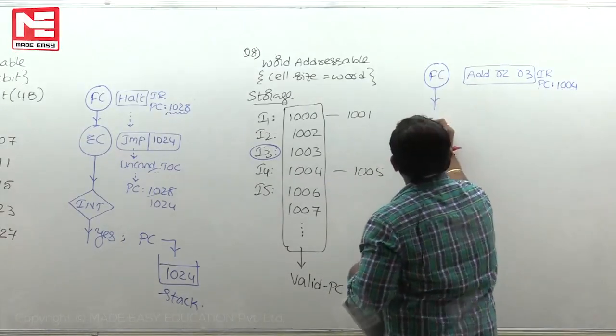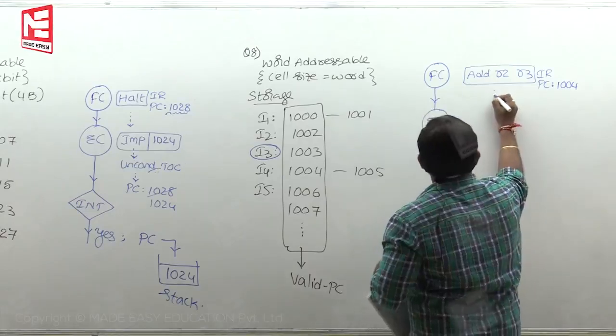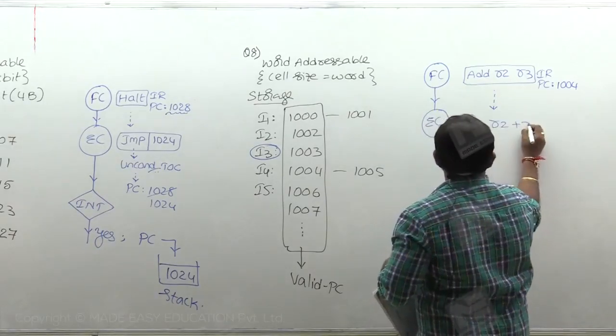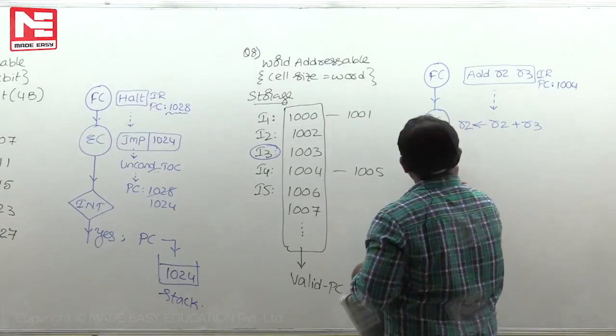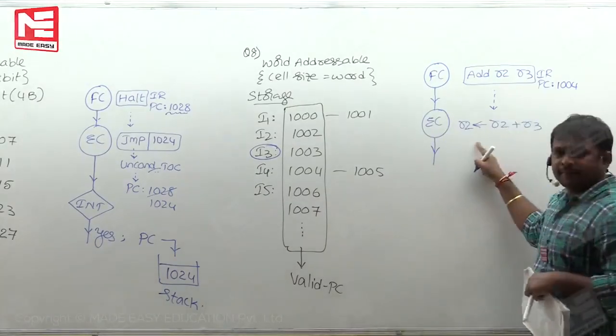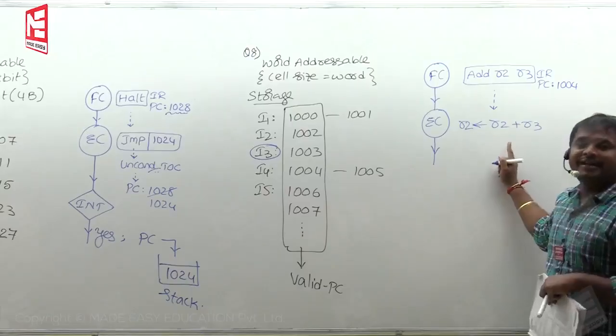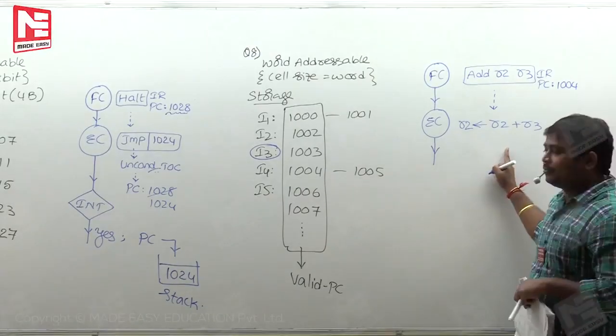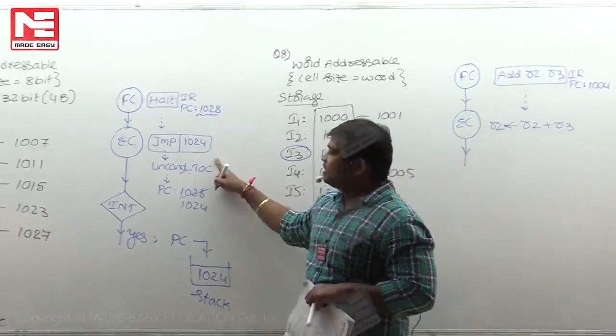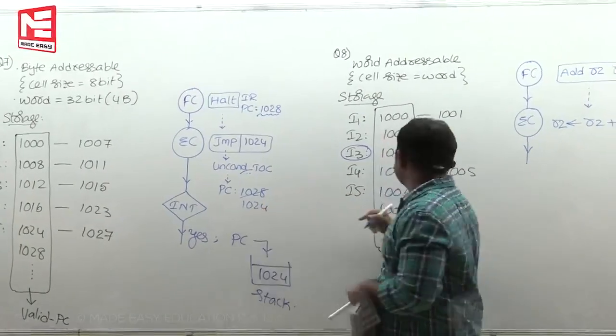Now execution cycle. At the time of execution, R2 plus R3 result is stored into R2. Execution completed. Is there any change in PC? No change because it is an ALU instruction. PC is not updated in the execution cycle, whereas previously for the jump, PC was updated in the execution cycle.